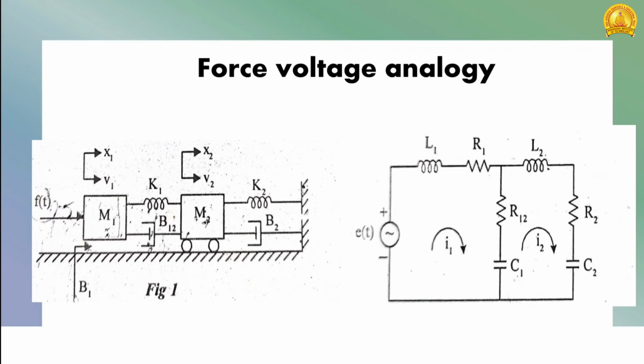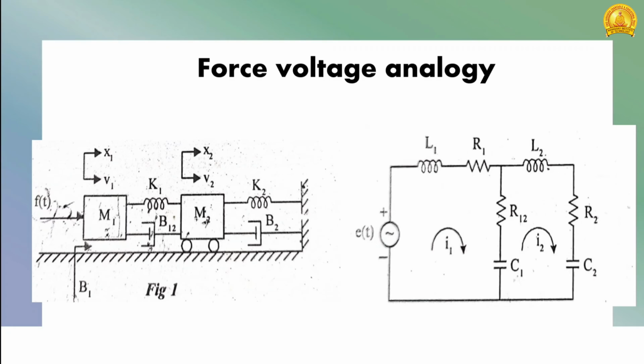Next are the individual elements, that is K2, B2 and M2. These elements are having the same velocity V2, so they should be connected in series. Connect these elements in series in any other branch rather than the common branch in loop 2. By knowing these basic things, you can represent the electrical analogue of any mechanical system.